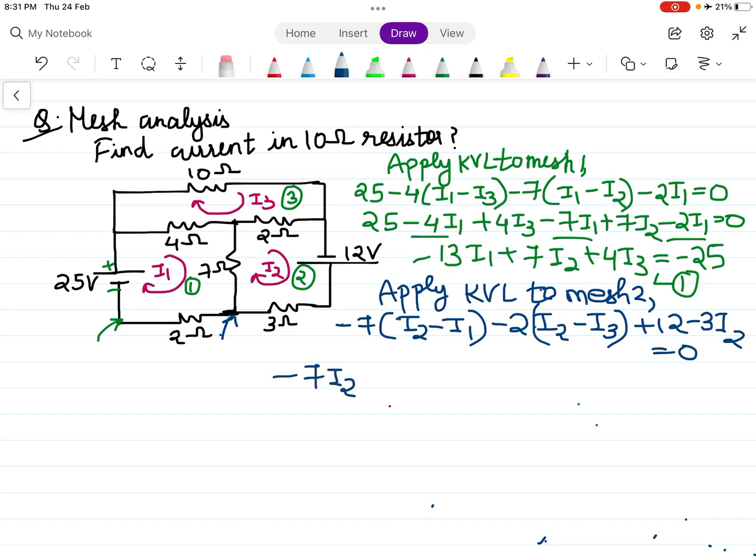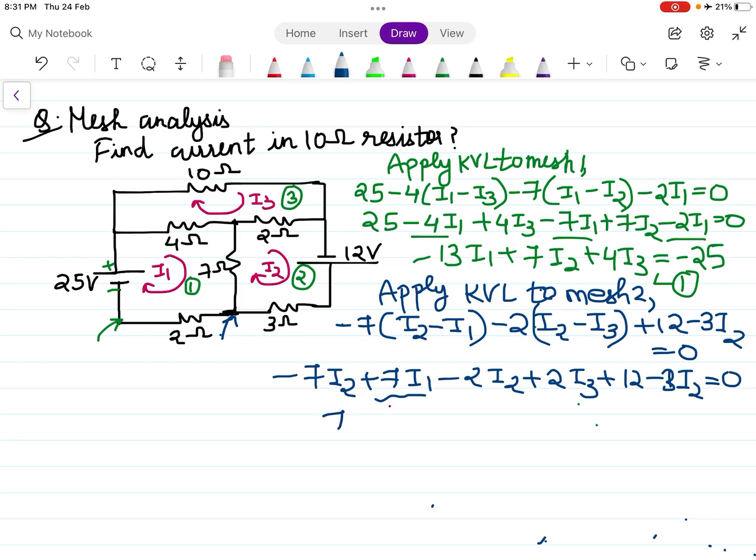Minus 7 I2 plus 7 I1 minus 2 I2 plus 2 I3 plus 12 minus 3 I2 equal to 0.